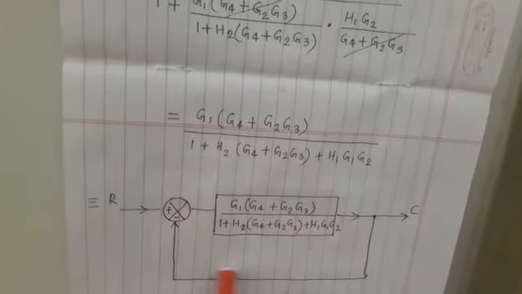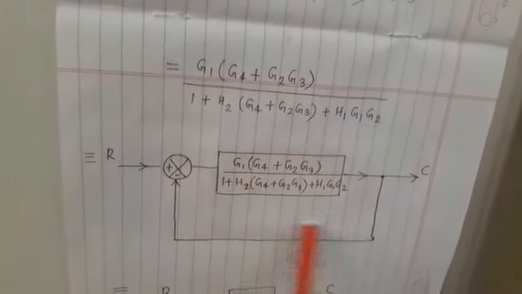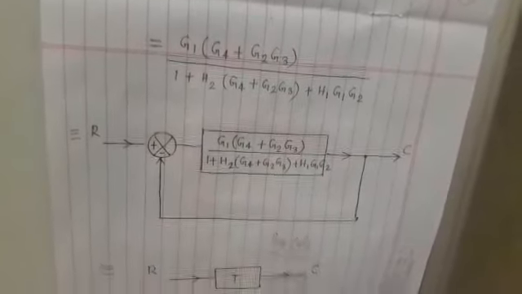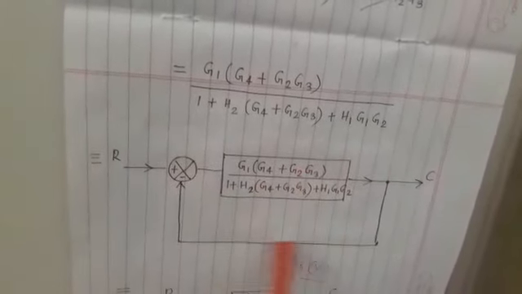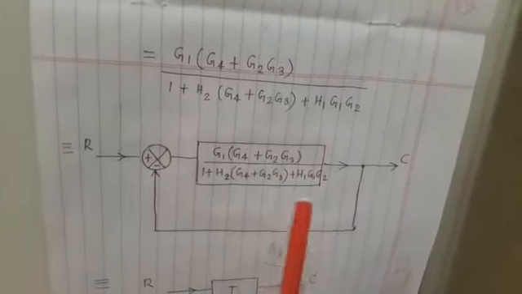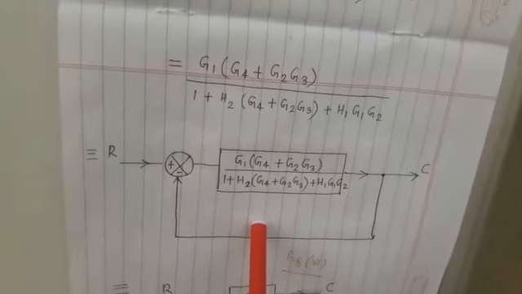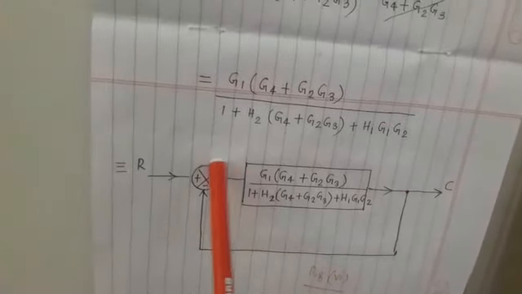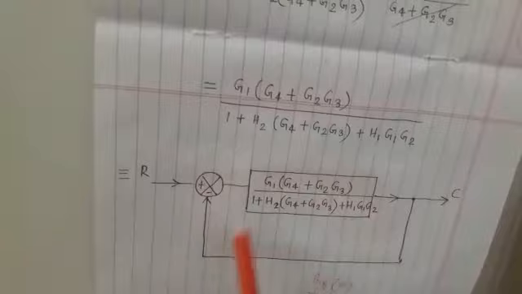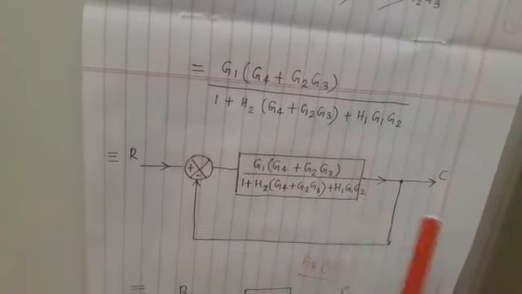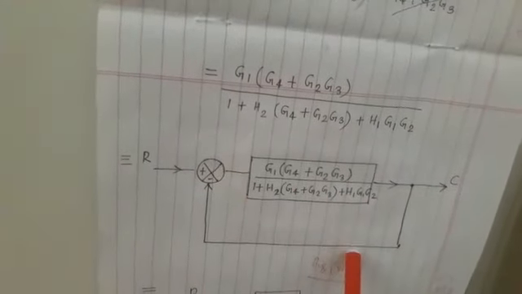Now we have a single unity feedback system, as shown in figure 6. And we know that whenever there is a unity feedback system, this loop will be replaced by a single block whose value will be G divided by 1 plus G. And we have done the same thing.